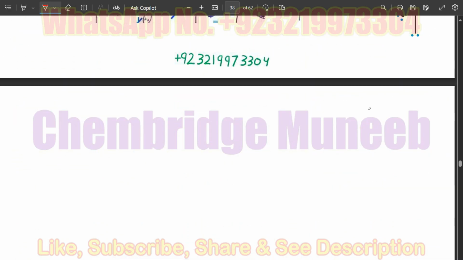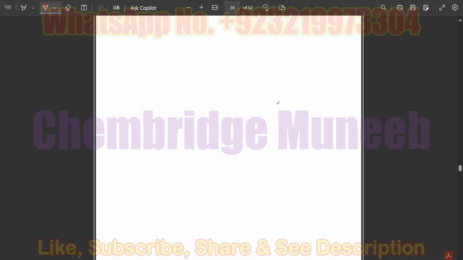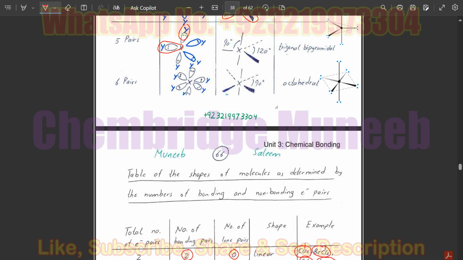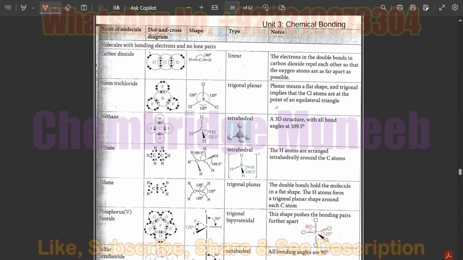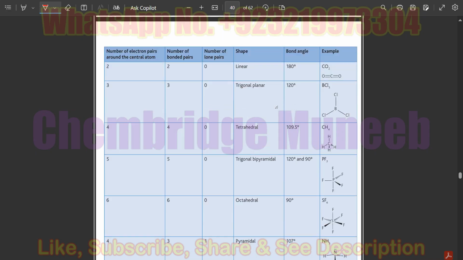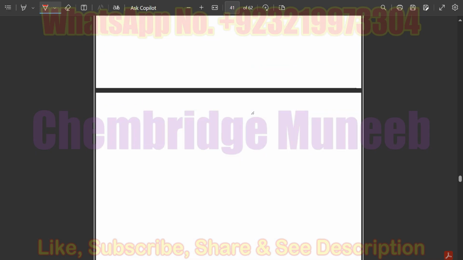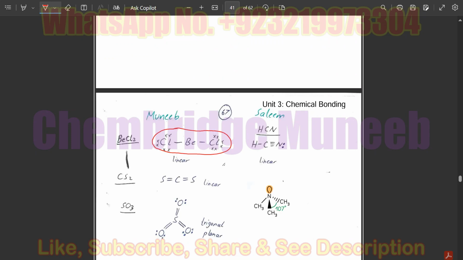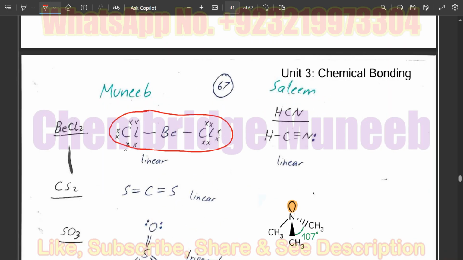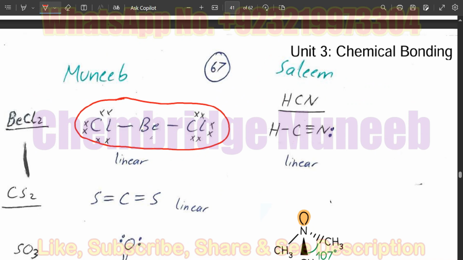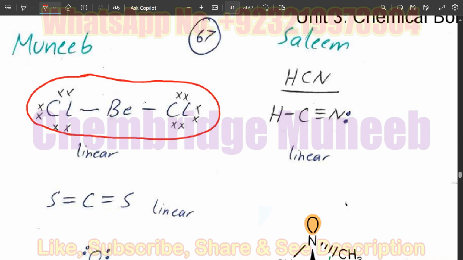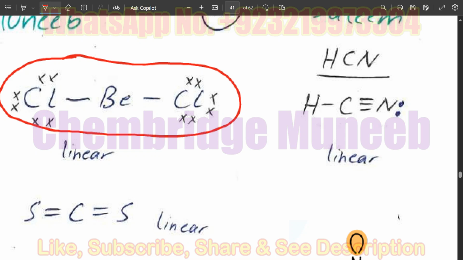We can also consider another example, beryllium chloride, BeCl2. In this example, the beryllium is present in group number 2 of the periodic table.